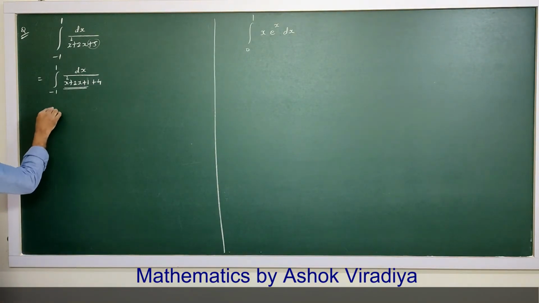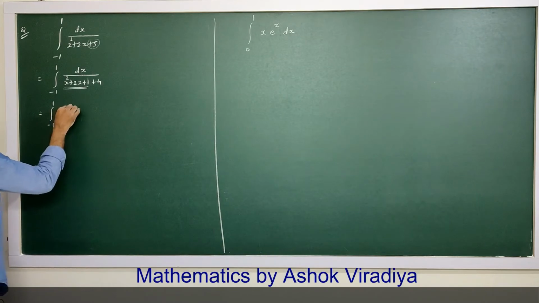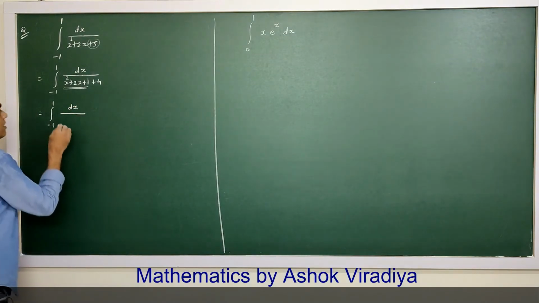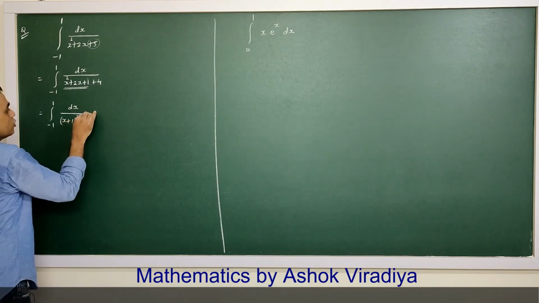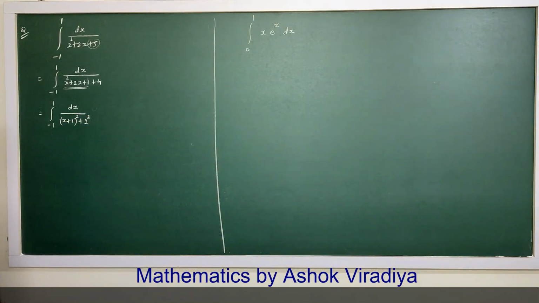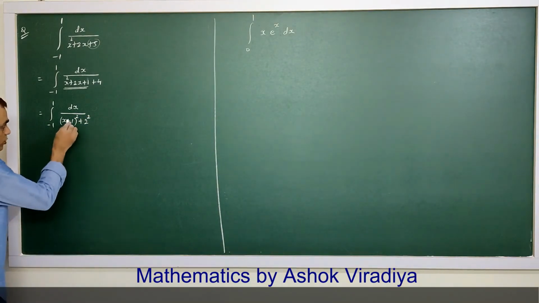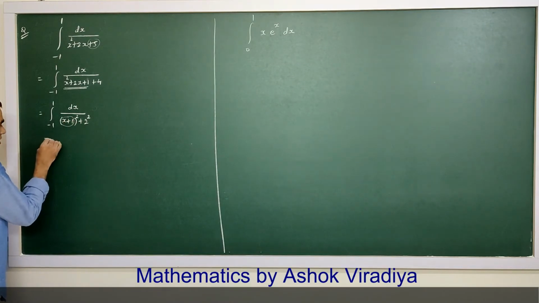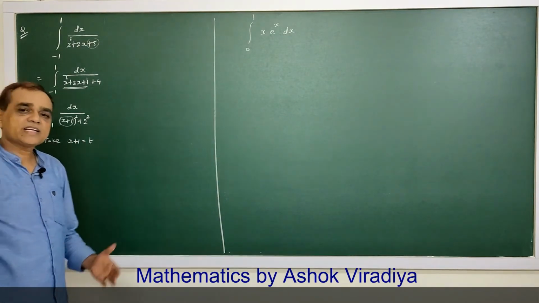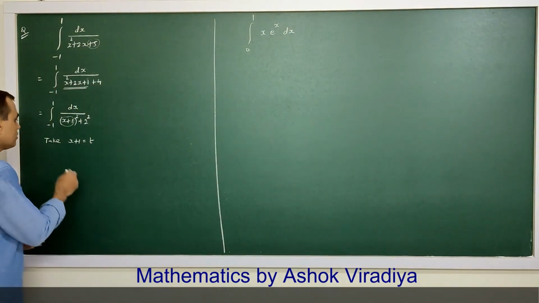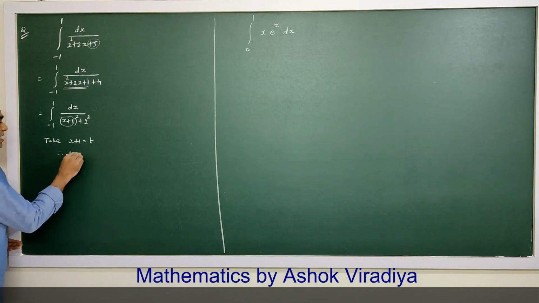So it is the integral from minus 1 to 1 dx upon x plus 1 whole square plus 2 square. Now we substitute x plus 1 equal to t, so dx is equal to dt.